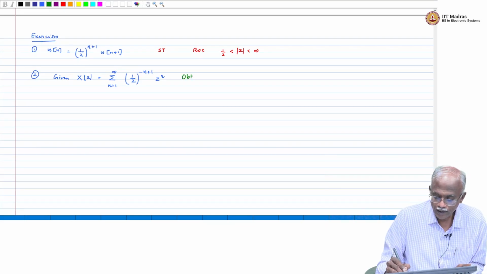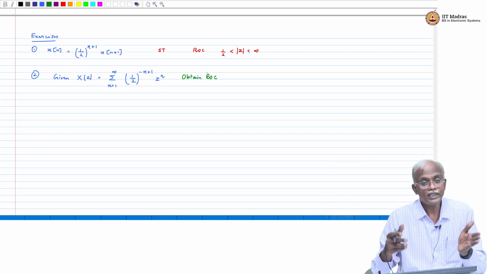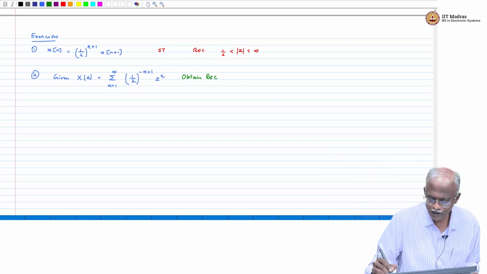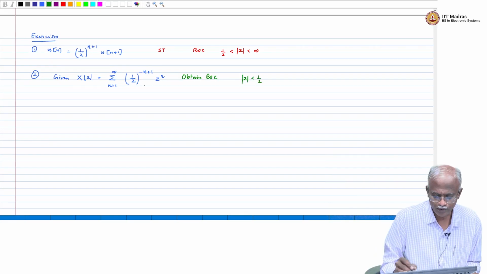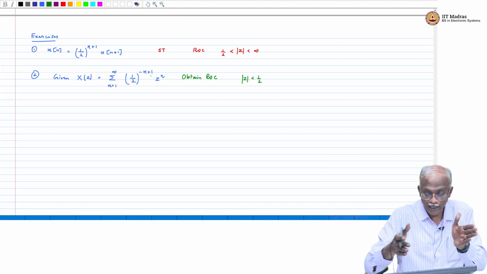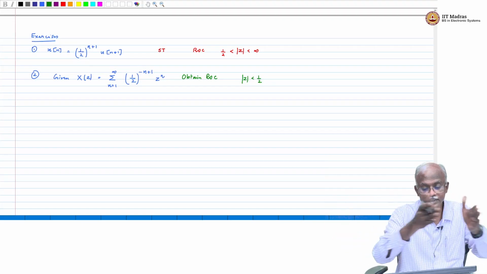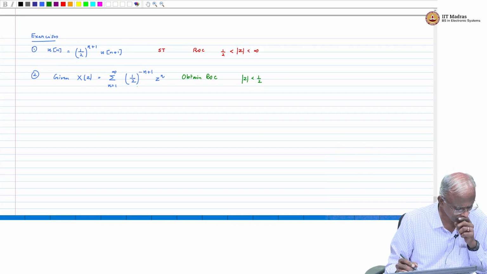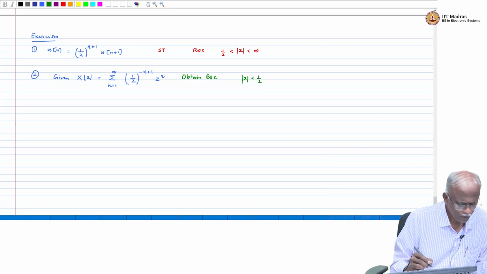Obtain the ROC. Basically it's a geometric series. You show the condition for convergence, and in this particular case obtain the ROC, which will be mod z less than 1/2. Though this looks like a right-sided sequence, it actually is a left-sided sequence, which has been simplified to get this particular expression for the ROC.